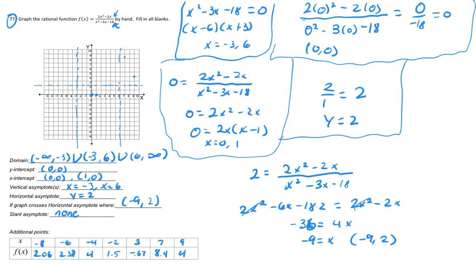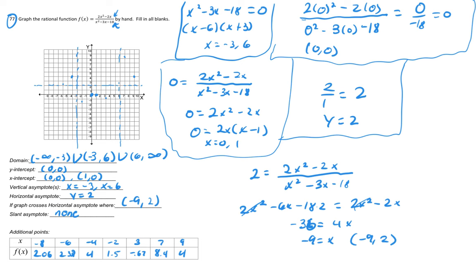At -2, we're at -1.5. At -4, we're at 4. At -6, we're at 2.33, and at -8, just above 2.